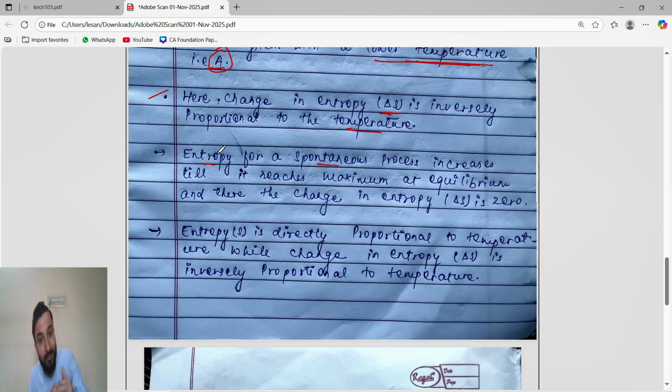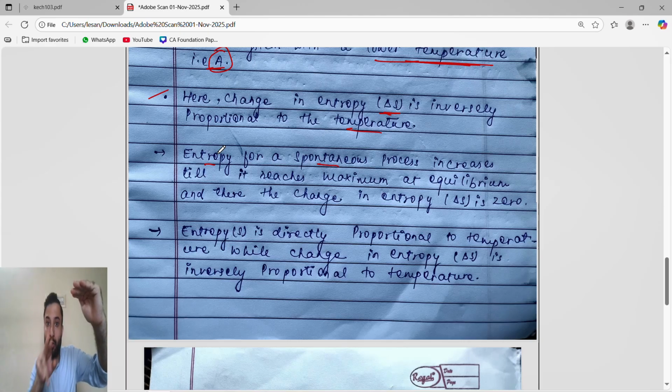So increase will be till when, and decrease will be till when? Until you reach 0. Until you reach equilibrium. So entropy or anything will increase till you reach equilibrium.